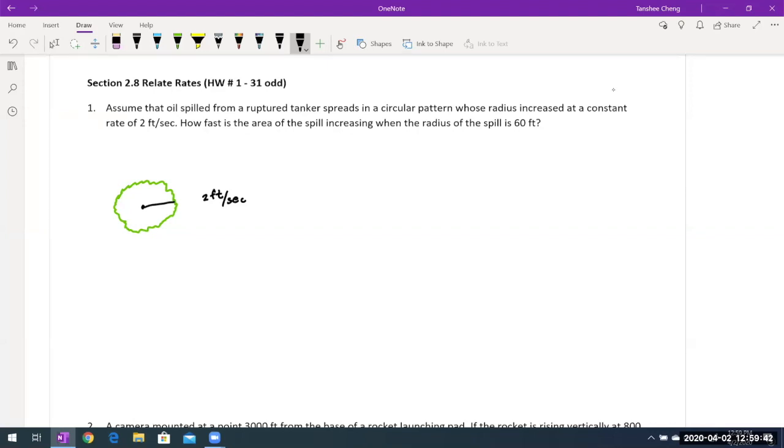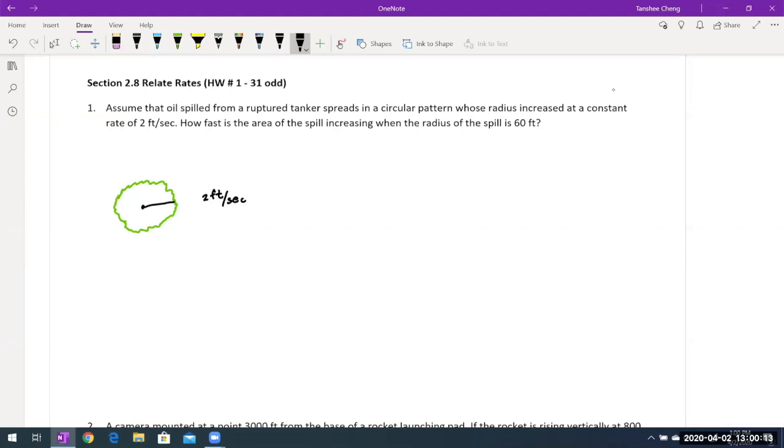So the idea of related rates is that we are looking for the rate of change of a certain thing in terms of another rate of change, something that we already know. As this radius is increasing, at the same time the area will be increasing also, because we know there is a relation between those two.